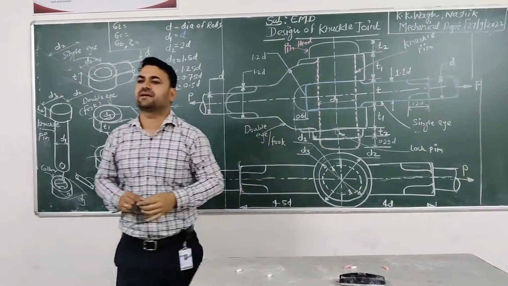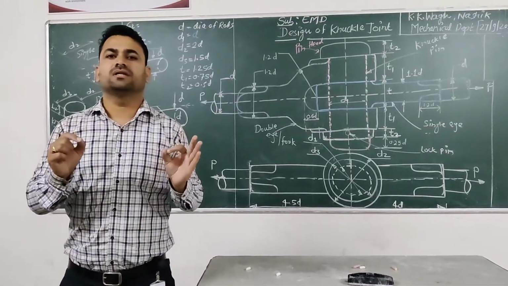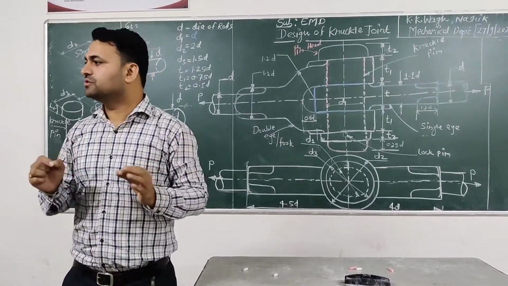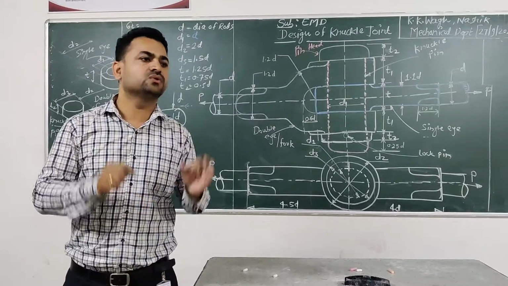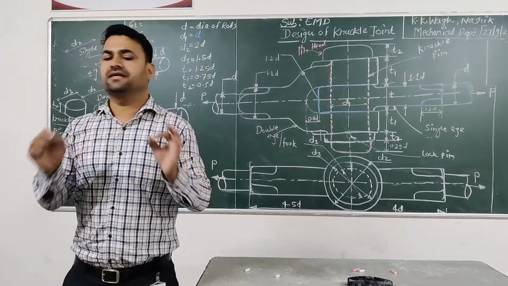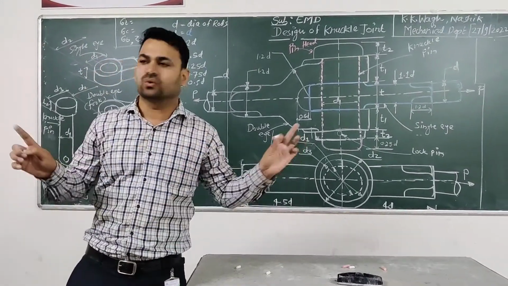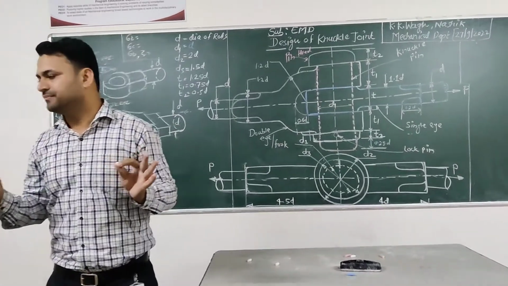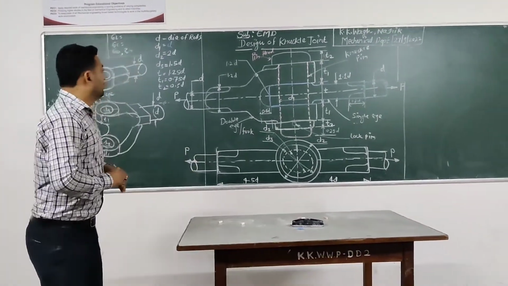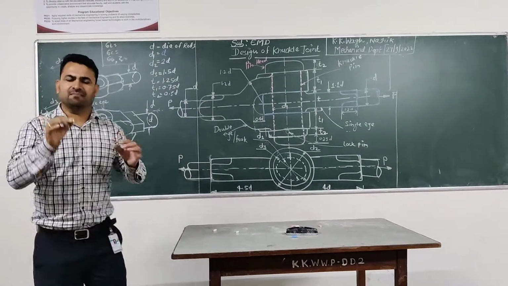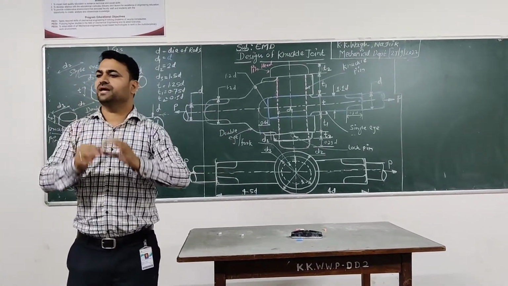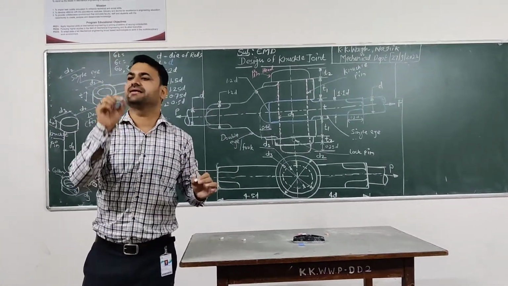So let's start with its application. Knuckle joint is specially used to transmit the load, and it only transmits the tensile load. Which load does it transmit? Tensile. Suppose we are going to use this knuckle joint in between tractor and trolley.